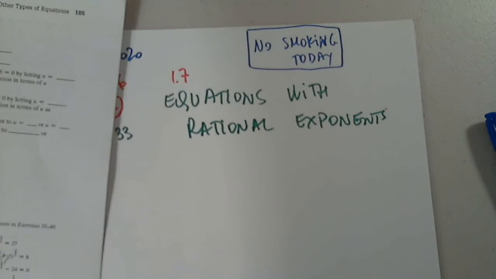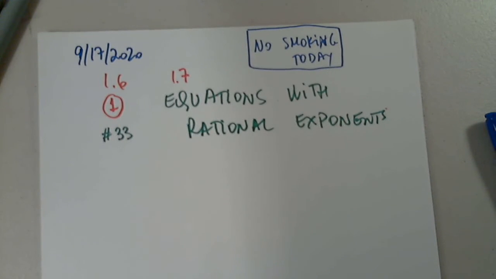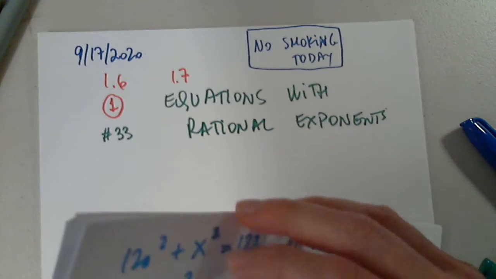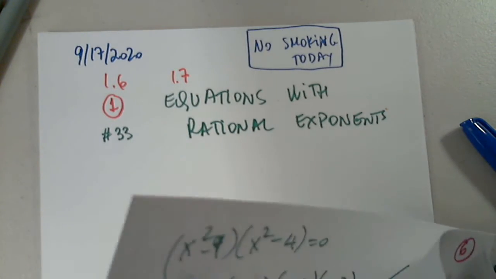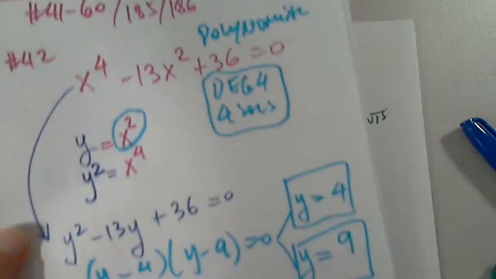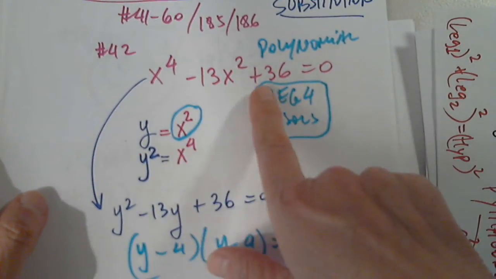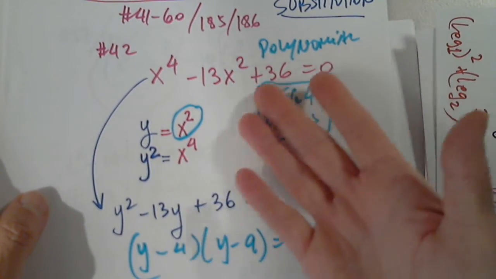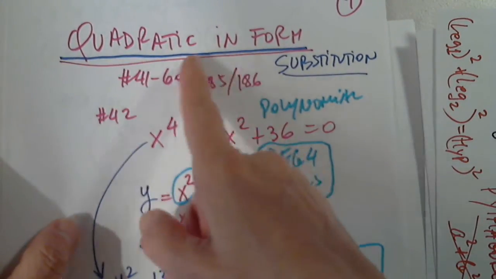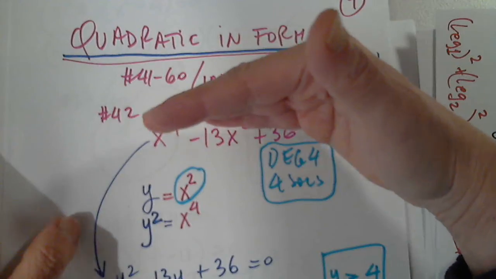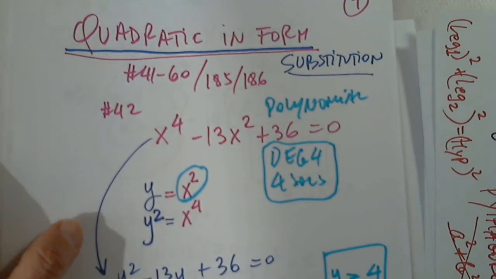Remember last time, maybe I should just take my lesson out just for one more minute. When we got to this, I also said, well, it's also a polynomial. But it's easier to solve it thinking that it's quadratic in form because at its core is this. Fine.